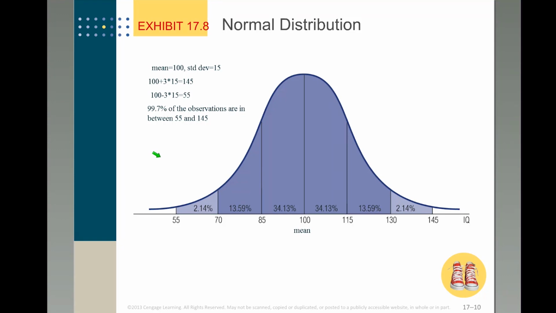That is, we can get a rough idea about the whole distribution with just information on the mean and the standard deviation. And if we do twice the standard deviation, so if we're doing 2 times 15 added to the mean, subtracted from the mean, that will give us 95% of the observations. The 1 times 15 will give us about 68% of the observations.